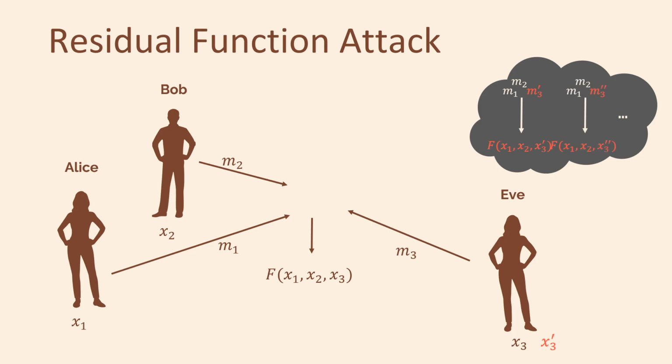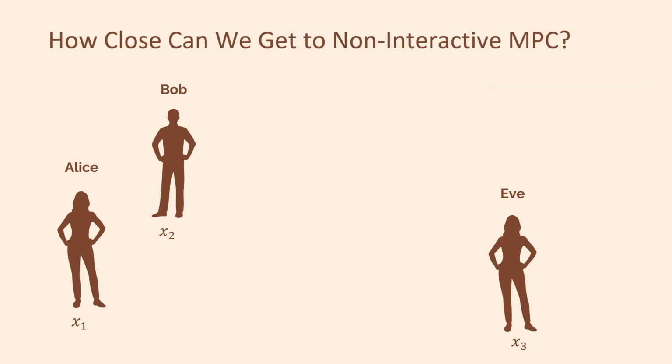And she can do this an arbitrary number of times, and so she can learn an arbitrary number of evaluations. This is called the residual function attack. Of course, this leakage about Alice and Bob's inputs is way more than what a secure protocol would allow for. So this means that this protocol is insecure.